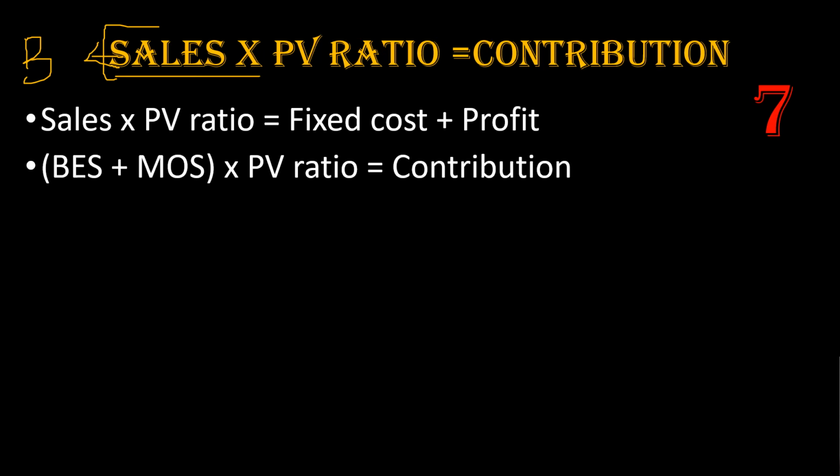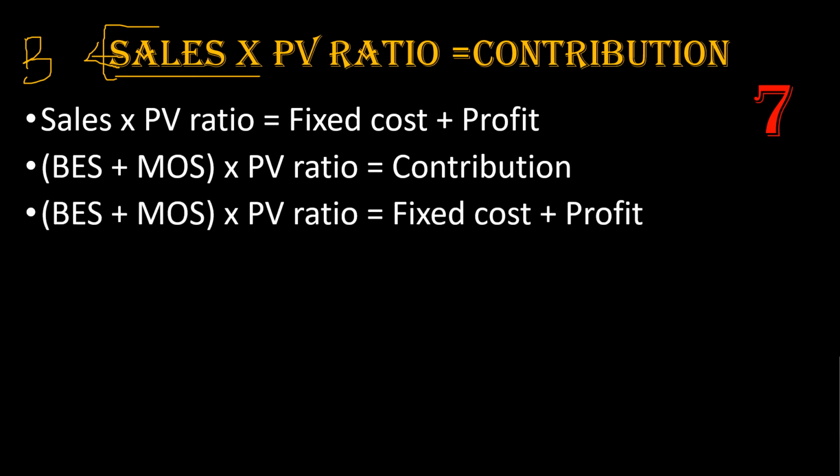Next, total sales is equal to break-even sales plus margin of safety. So in the place of sales, I replaced it: break-even sales plus margin of safety into PV ratio gives you the contribution. Third formula, break-even sales plus margin of safety into PV ratio is equal to, in the place of contribution, fixed cost plus profit.